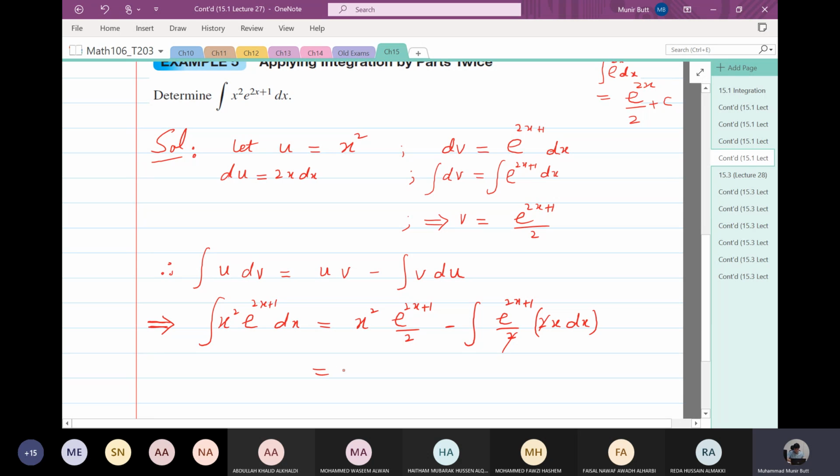And now when you simplify, you will get x squared e to the power 2x plus 1 over 2 minus the integral of x e to the power 2x plus 1 dx.